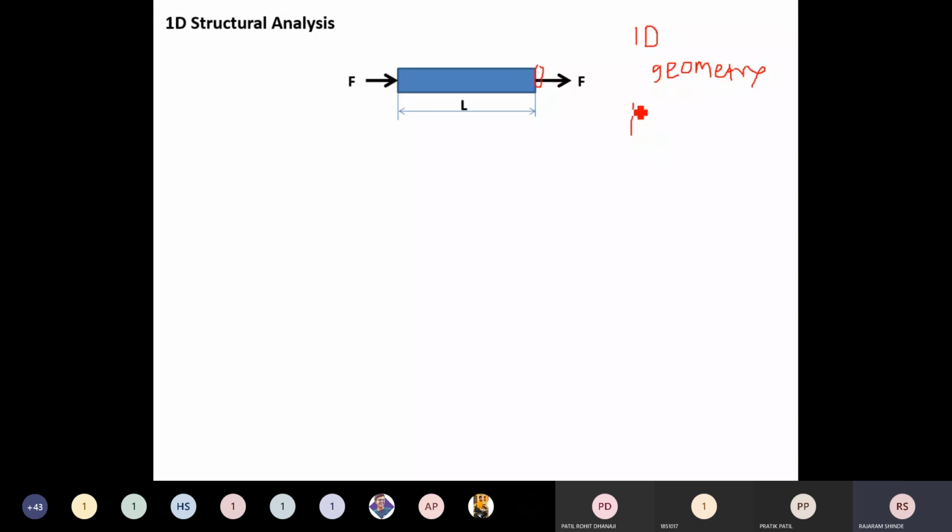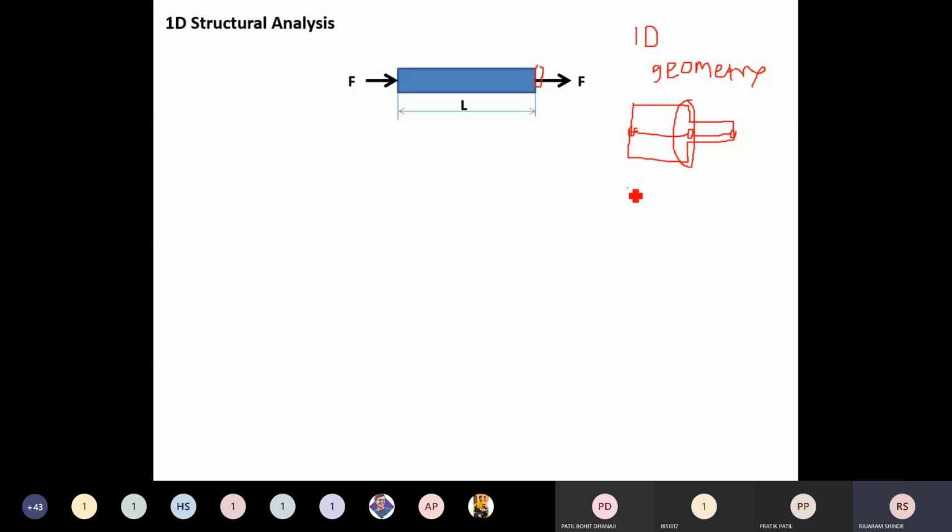That means if you have this type of problem, and it is a one dimensional problem, suppose at this location your geometry is suddenly changing, therefore you have to use more number of elements. Up to this you have to use one element, from here to here you have to use another element. This is about the geometry.